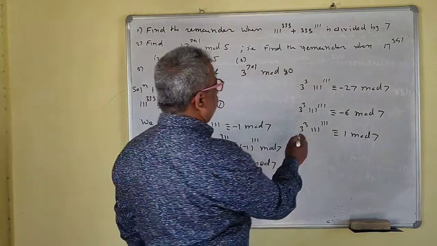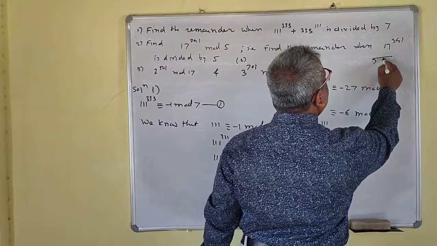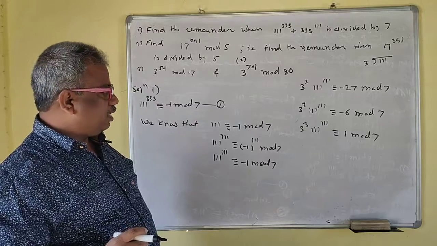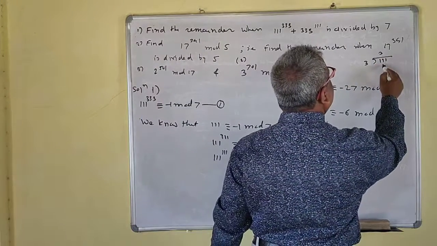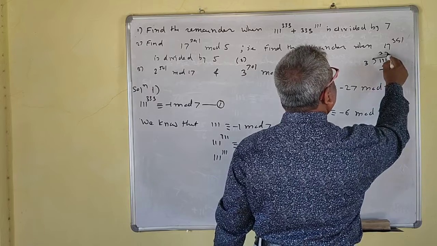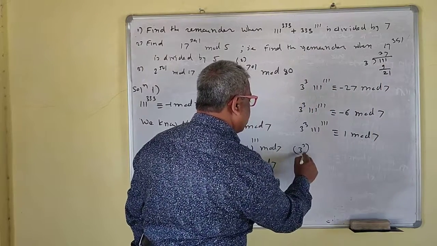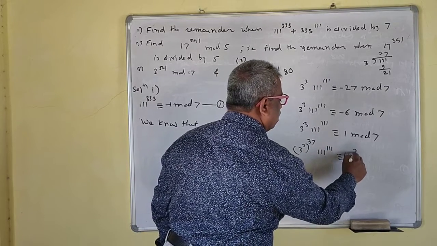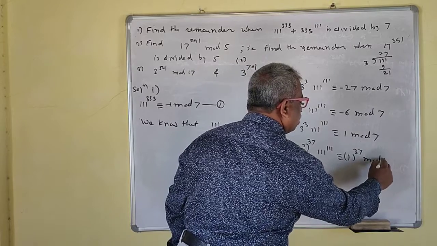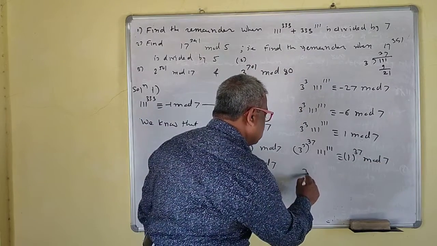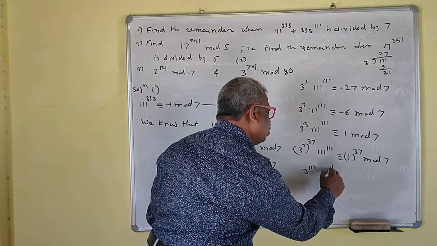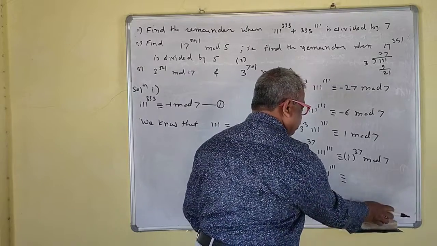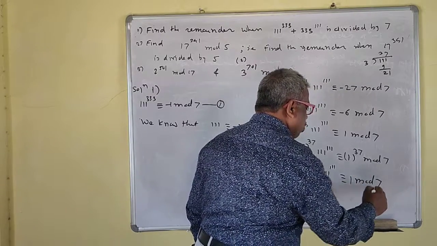Now see here, what we want here is 1. So I will divide 111 by 3, which gives 37, so 27. I will take the power as 37 now: 1 to the power 37 mod 7. 1 to the power 37 is 1 mod 7.